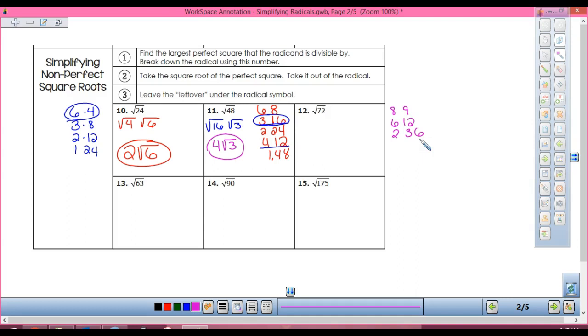What are my two perfect squares? 9 and 36 are my two perfect squares, right? So which one's bigger? So I want to use the 2 and 36. So I'm going to write this as square root of 36 times the square root of 2. So what is my square root of 36? So I write this as 6 times the square root of 2.